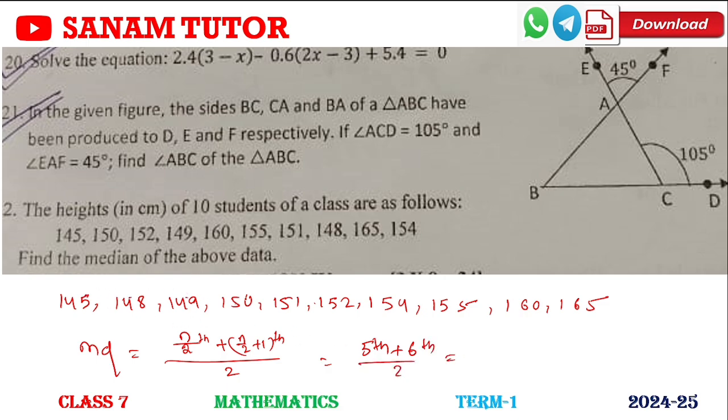First, second, third, fourth, 5th, that is 151 plus 152 divided by 2, that is 303 by 2, that is 151.5. So answer is 151.5. Complete.